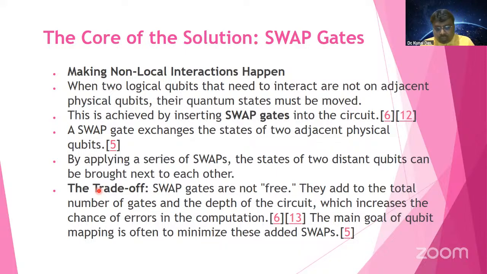So suppose in the initial mapping I consider one physical qubit, but in the final mapping I consider another qubit as the physical qubit. Then how many swaps do I require to reach the final qubit?